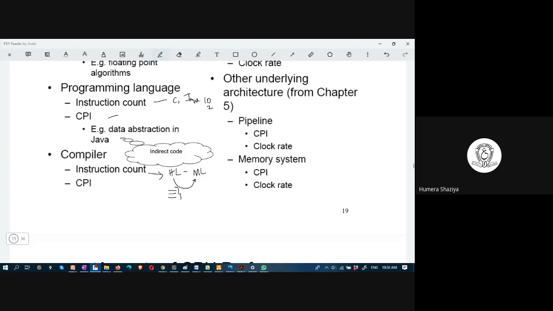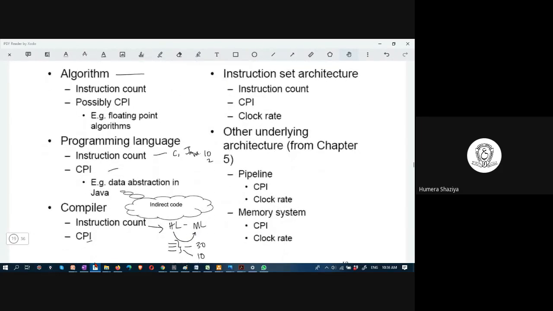When 3 lines of program is converted to 30 lines, or 3 lines of program is converted to 10 lines, there is a difference of the instruction count, and this is because of the compiler. It is the compiler that would convert the high level language program into machine language, and how efficiently it does also determines the performance. Same for cycles per instruction in the compiler also.